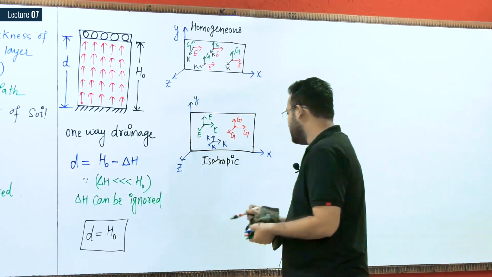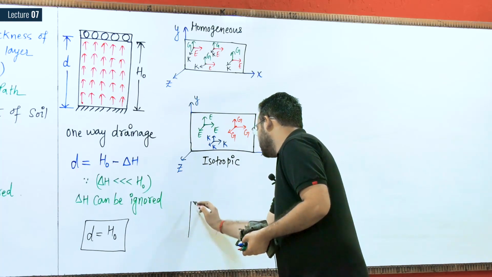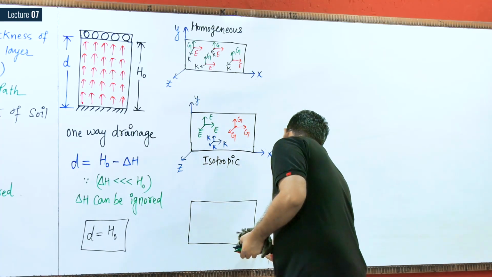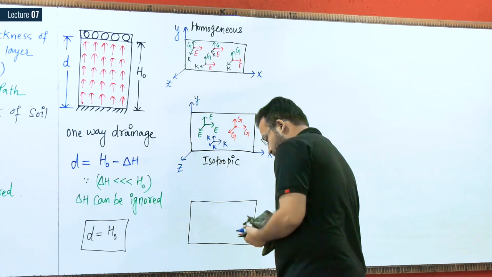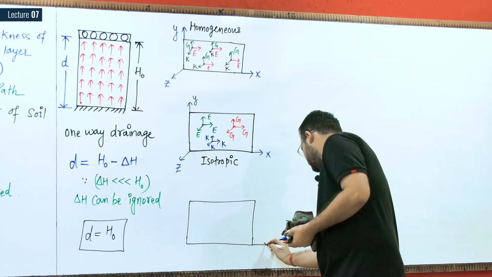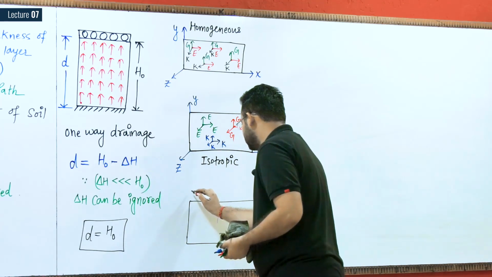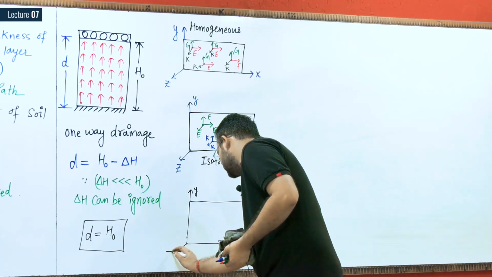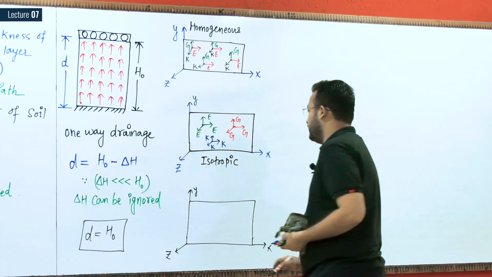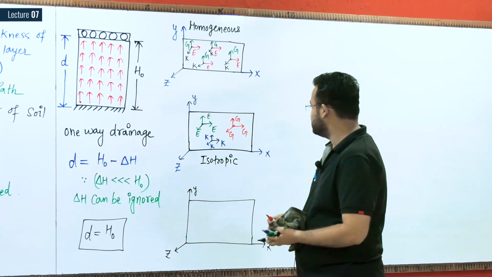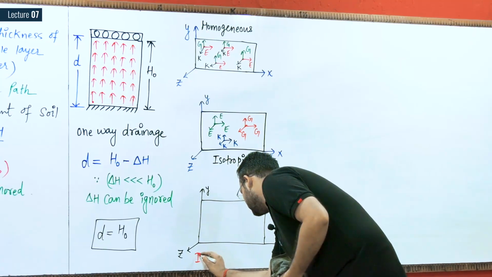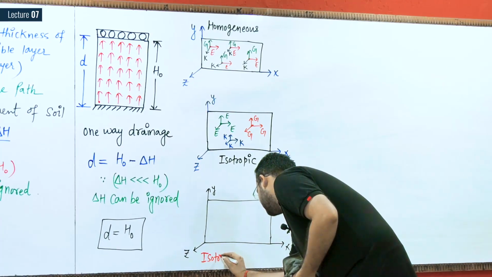Now if I say I have one material which is homogeneous as well as isotropic. This is your x direction, this is your y direction, and this one is your z direction, and I confirm this is isotropic and homogeneous.